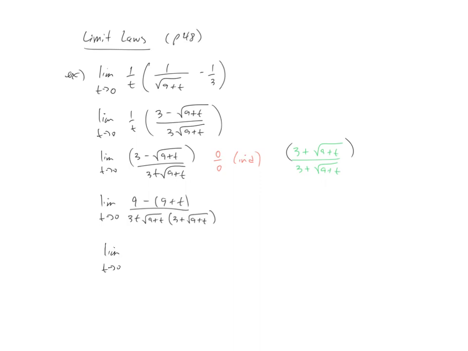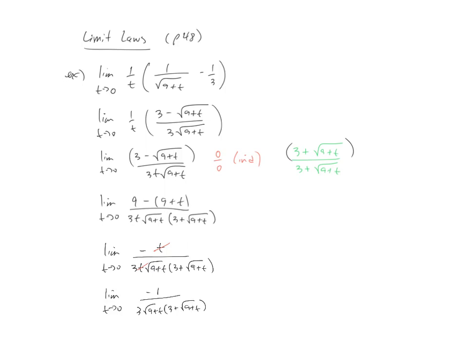If I distribute the negative in my numerator, that leaves me with a negative t over our denominator, 3t root 9 plus t times 3 plus root 9 plus t. Now the t's are able to be divided off, and we have our limit as t goes to 0 of negative 1 over 3 root 9 plus t times 3 plus root 9 plus t.